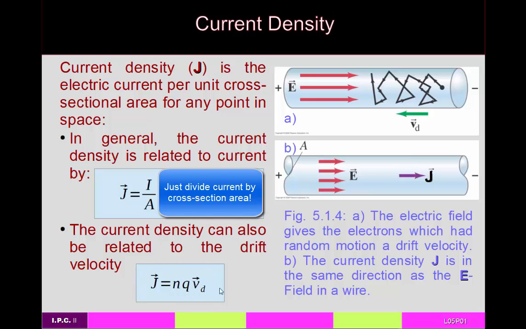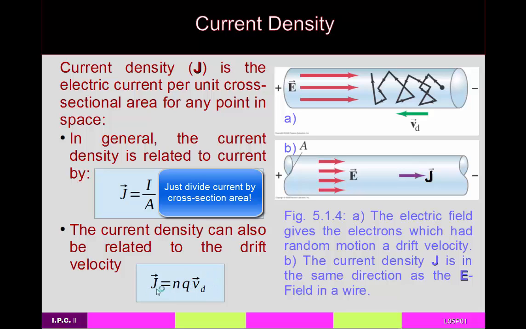In any case, you may or may not have noticed it at this point. We actually made use of the current density earlier in this little lecture, because the current density J is in fact the density of the particles per unit volume times the charge of each individual charge carrier times the drift velocity.